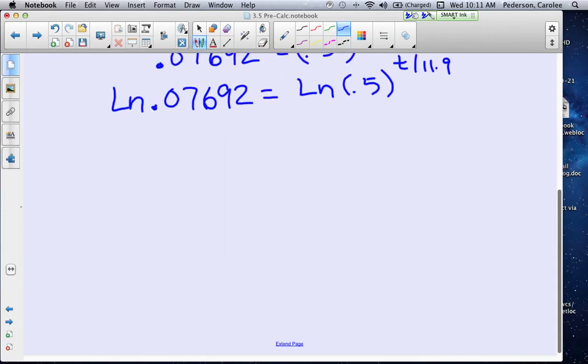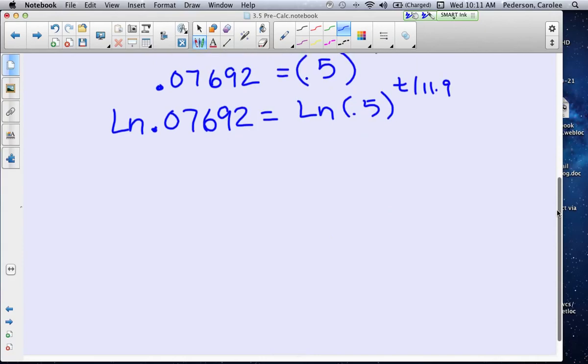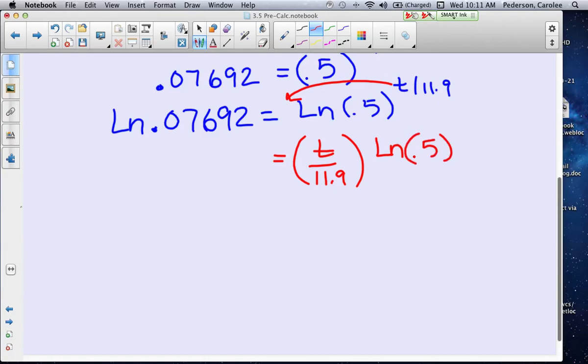So now that exponent will pop in front. Now it's t over 11.9 times the natural log of 0.5. And then the left side still is the same.